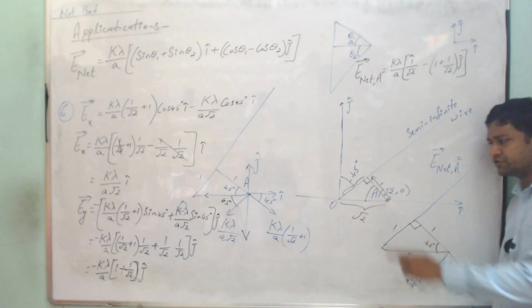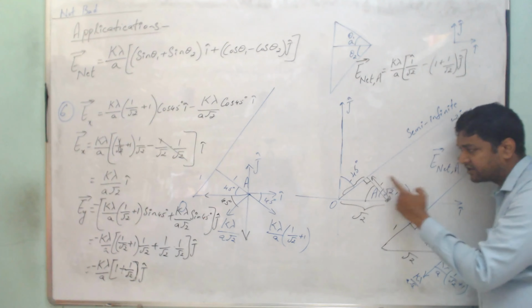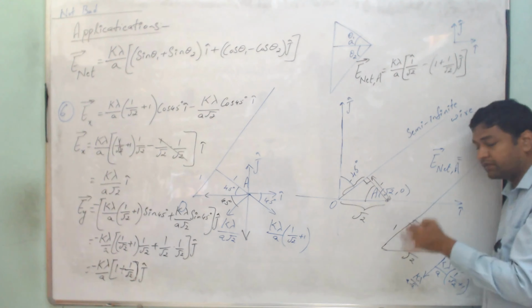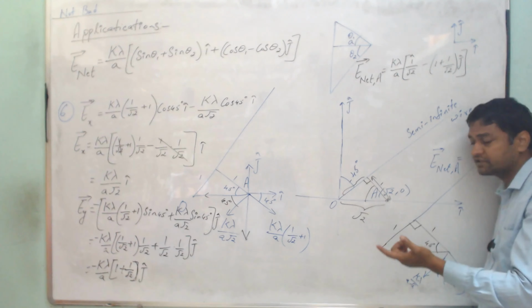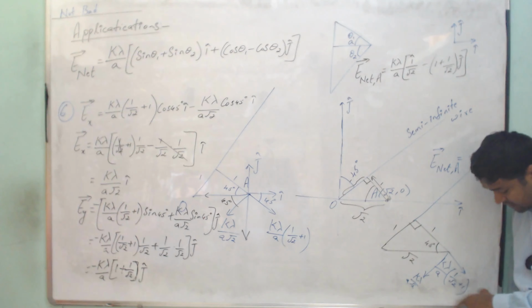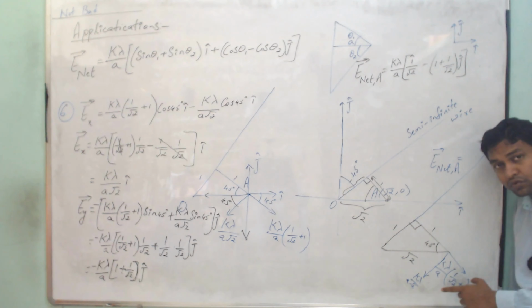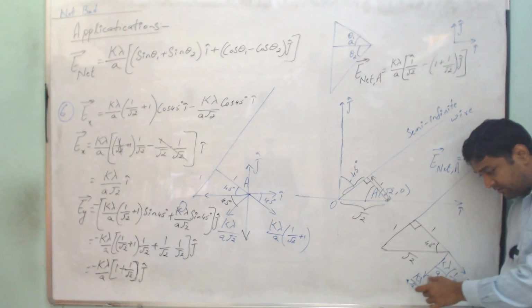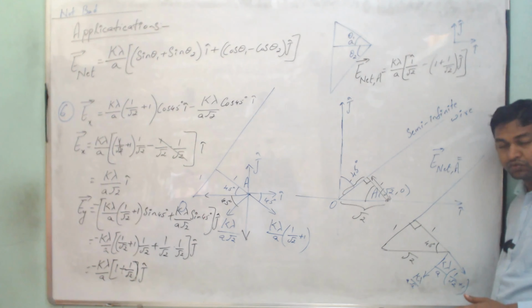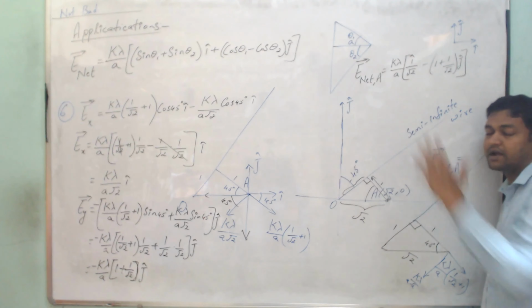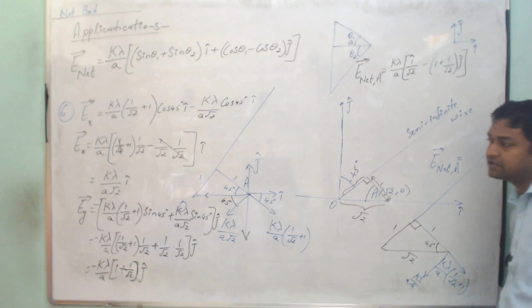So as soon as I get to know that this is 45 degree and the other one will be 90 degree, I have to remember from the previous question that away from it I will have k lambda by a into 1 plus 1 by root 2, and also away from the larger side, I will have k lambda by a root 2. For better understanding, I draw the figure over here.